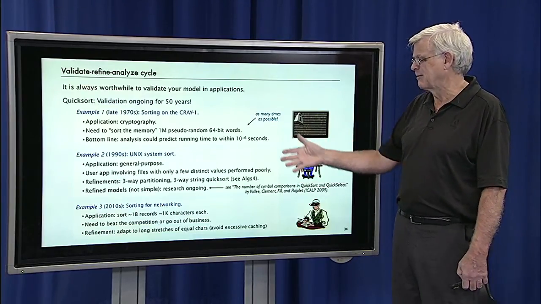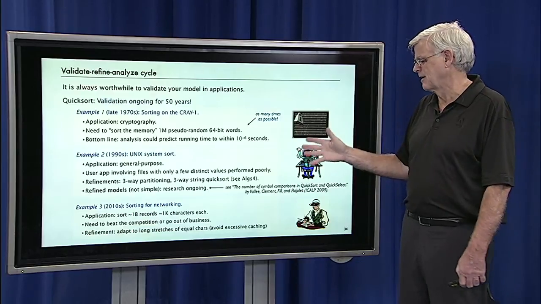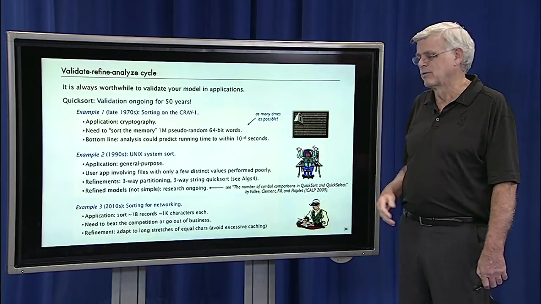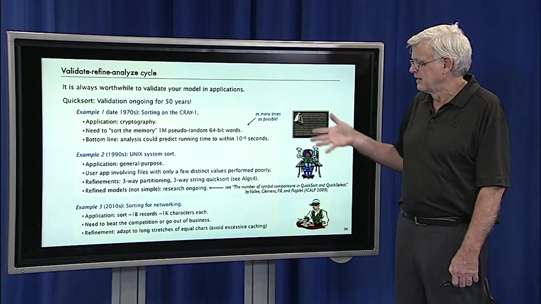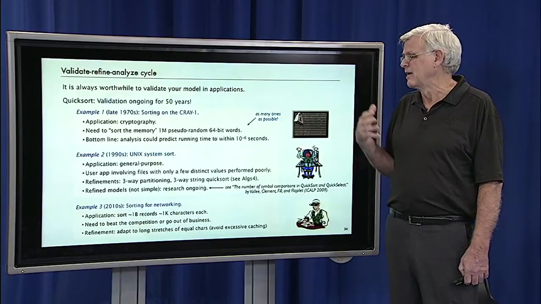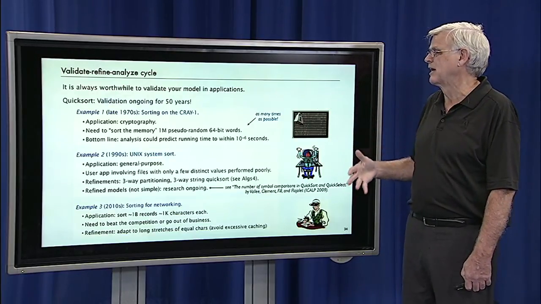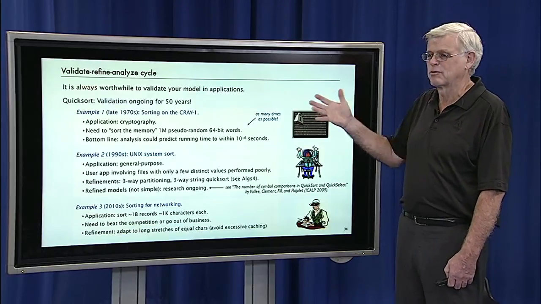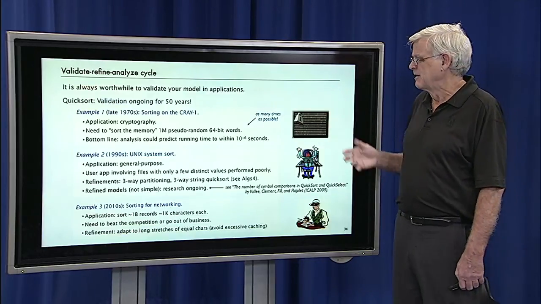And he found a refinement to our 3-way partitioning methods for strings that was able to improve it even further. And so, again, over 40, 50 years, the analysis of algorithms is really helping us to best understand the performance of this important problem.